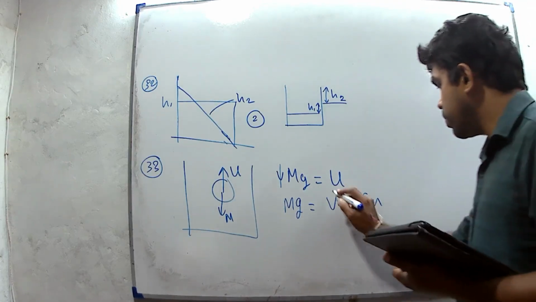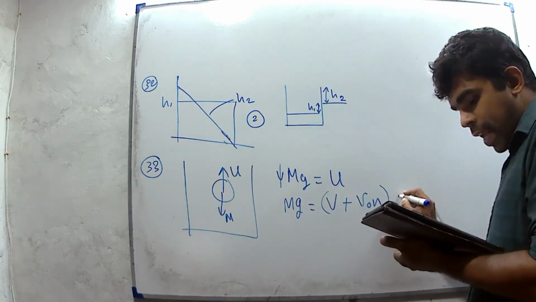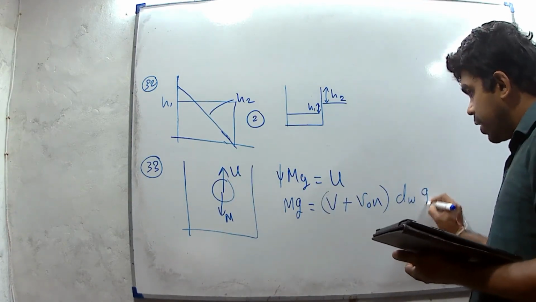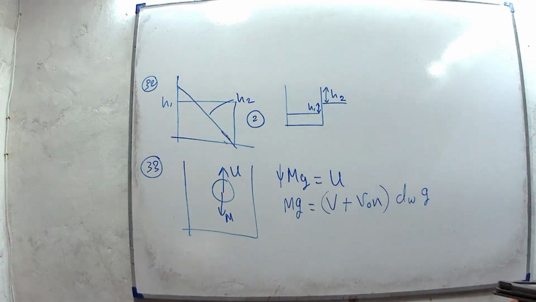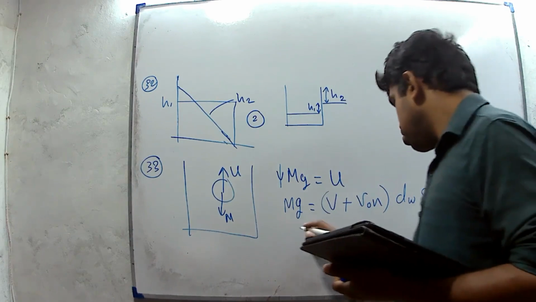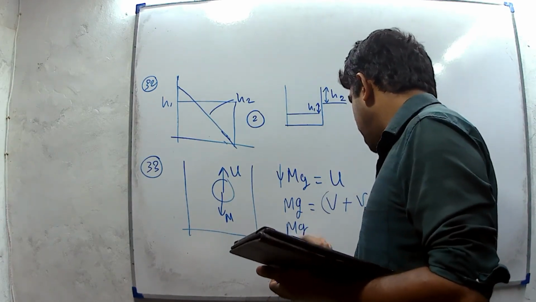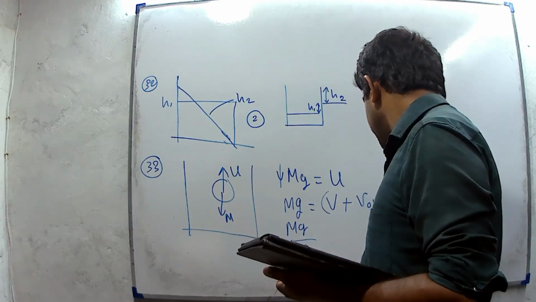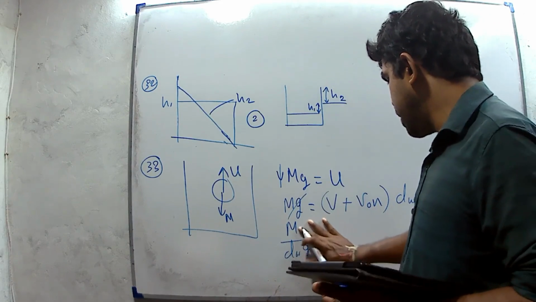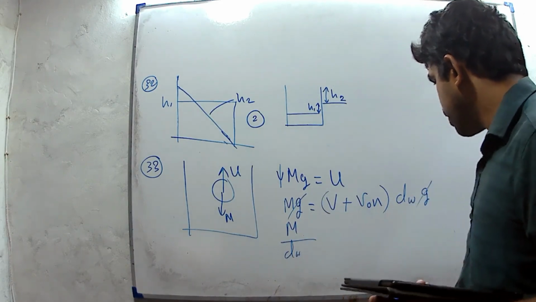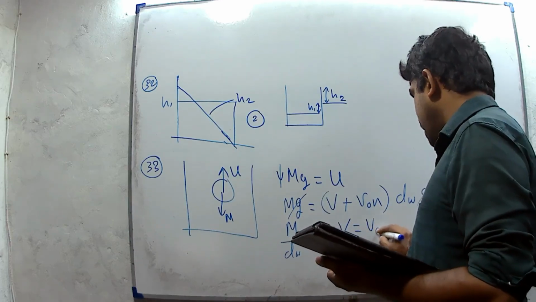Plus the volume of this sphere, times the density of water dW g. Now we can substitute the values. Mg divided by dW g, g is cancelling, M divided by dW minus V equals V0 N.